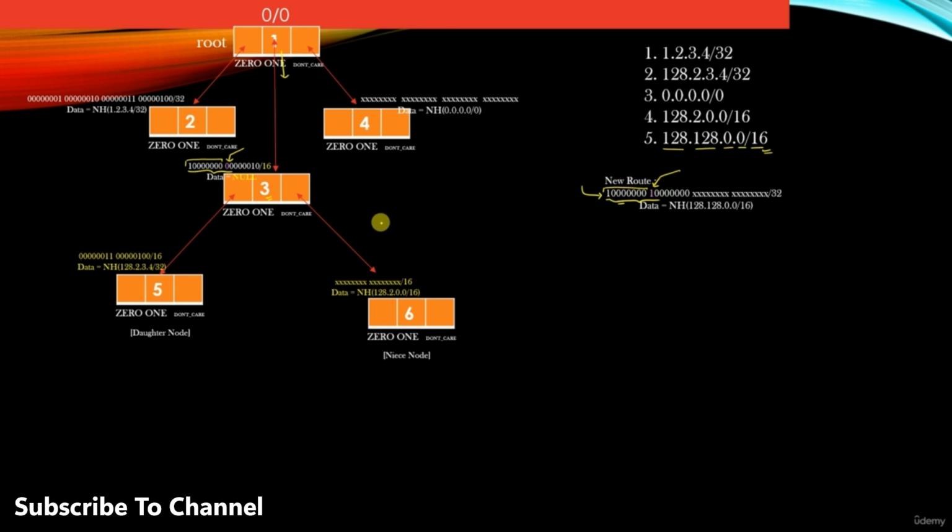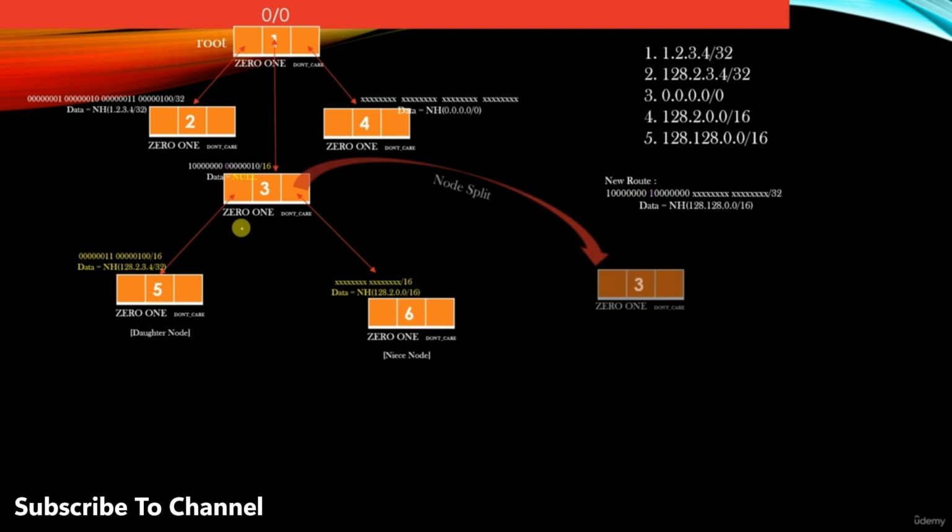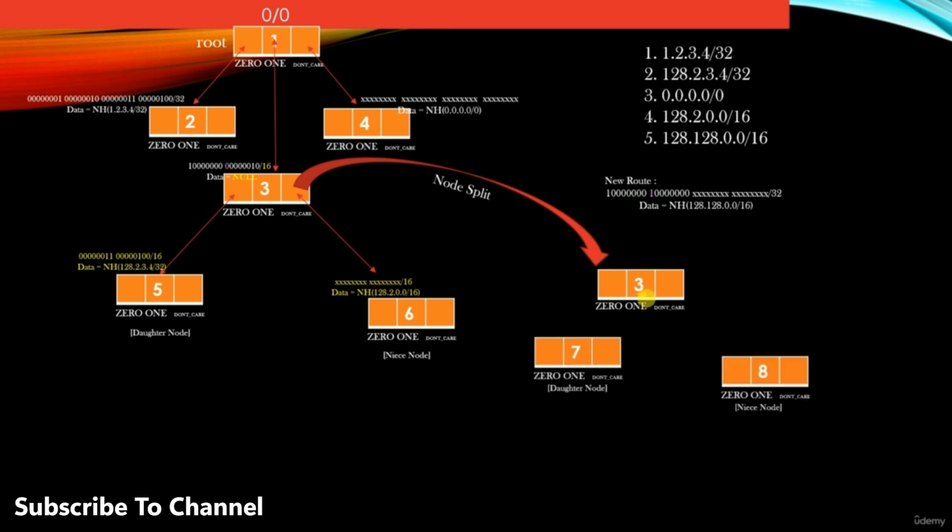So the node split algorithm will be triggered again at node number 3 and the split will happen on this bit 0 which is highlighted in pink color. As per the algorithm we immediately create 2 new nodes, the daughter node as well as the niece node. So let's say this time the daughter node is node number 7 and the niece node is node number 8.